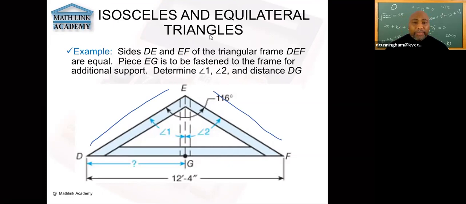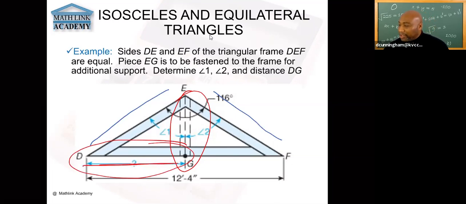And we have a piece, EG, here's EG, that is fastened to the frame as additional support. We want to determine angle 1, angle 2, and the distance DG. DG, the tongue twister, is this distance here.